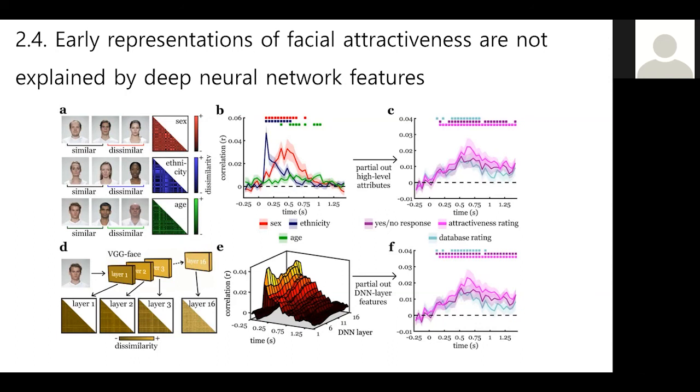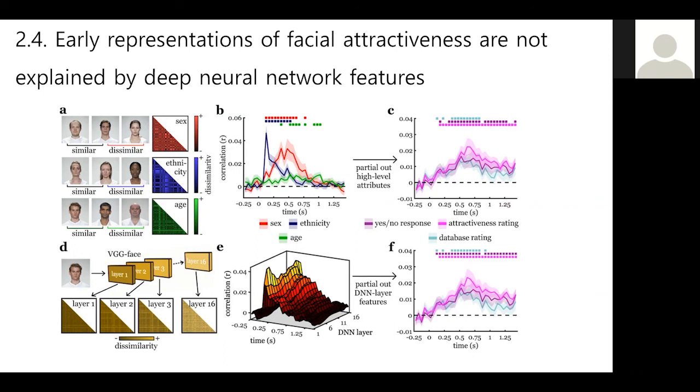In the second control analysis, we controlled for a variety of visual features analyzed during face recognition by a deep neural network, DNN. DNNs are the current state-of-the-art for modeling visual representations emerging in different processing stages of biological vision.